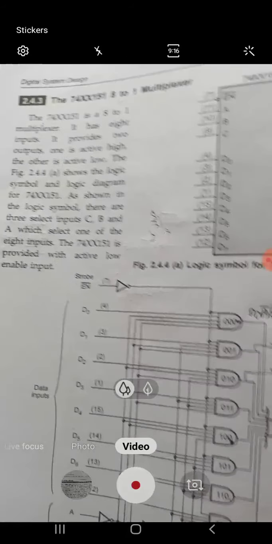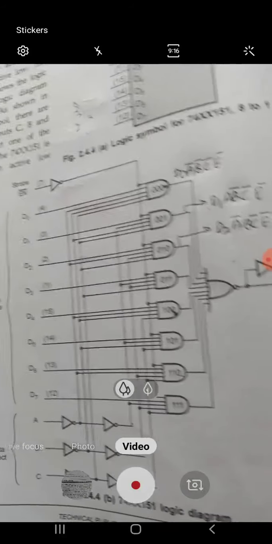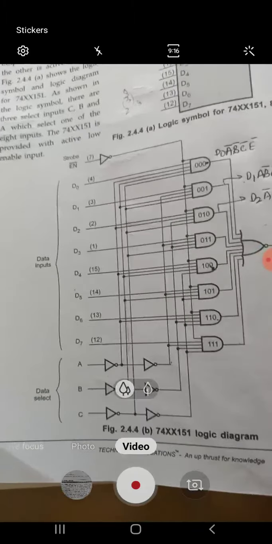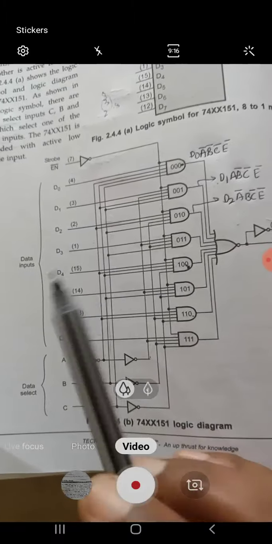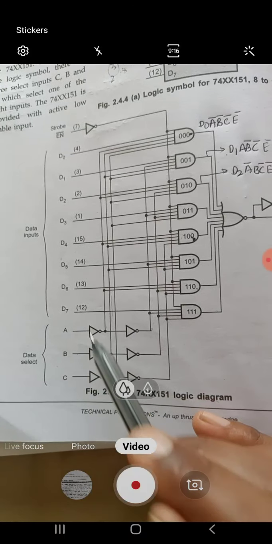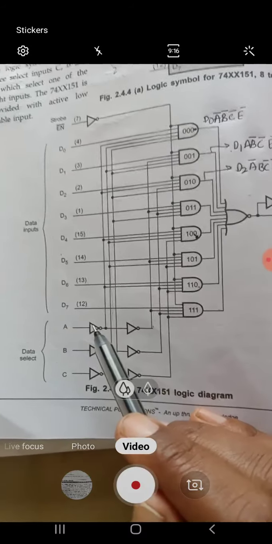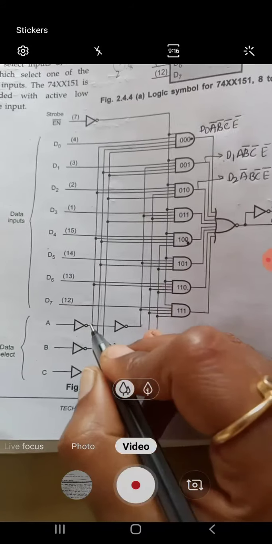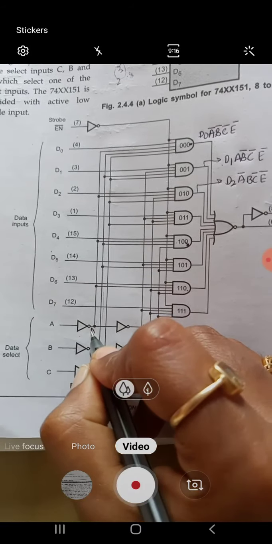Now if I draw the logical diagram, this is how it looks. See what I have done over here. A, B, C, 3 select lines with the NOT gates. When A comes over here, it becomes A bar.